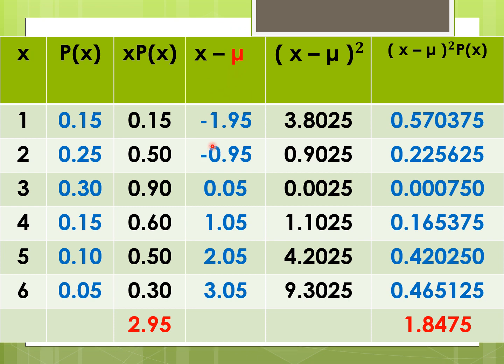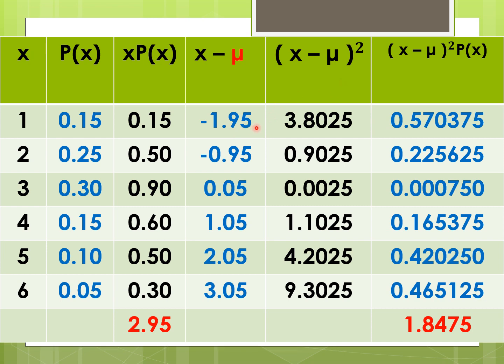So, kaya nakuha si negative 1.95 dito, kasi nga, 1 minus 2.95 will get negative 1.95. Then dito naman, 2 minus 2.95 will get negative 0.95. And so on. Okay? And then for the fifth column, or after getting the difference, square natin yun.